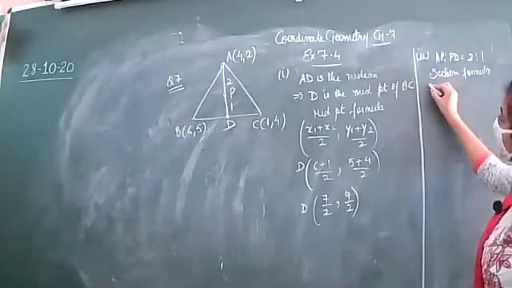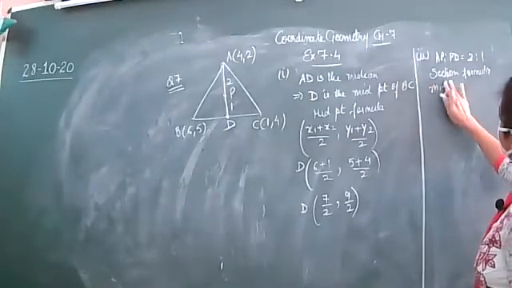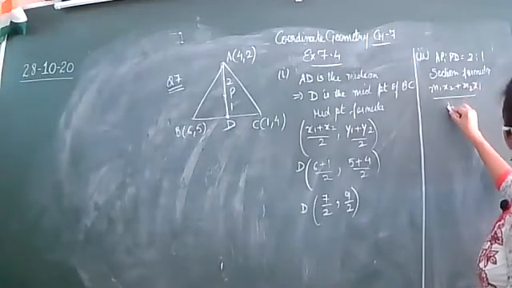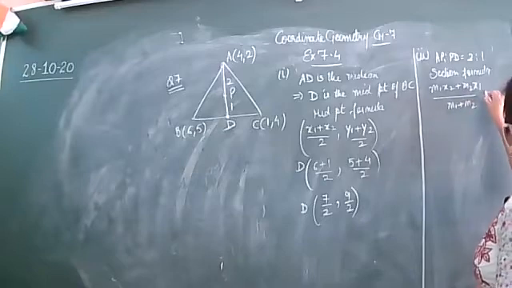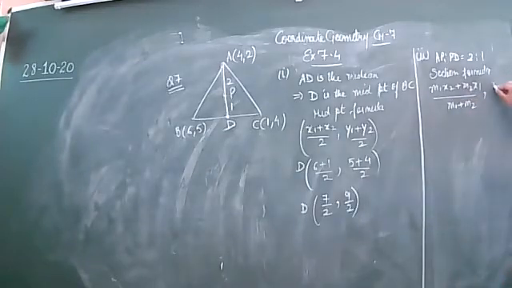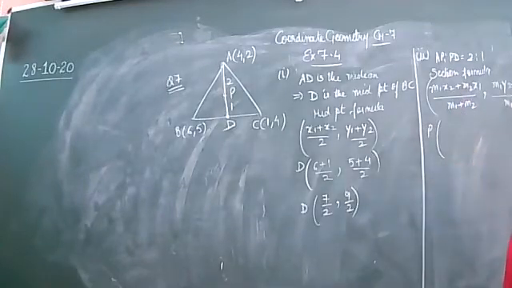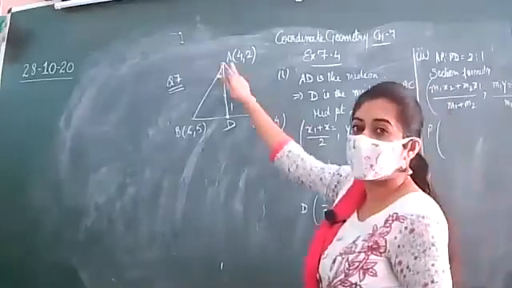So let's write the section formula here: (m1 x2 plus m2 x1) upon (m1 plus m2), and the next is (m1 y2 plus m2 y1) upon (m1 plus m2). From this we will get the coordinate of P by applying the section formula on AD.